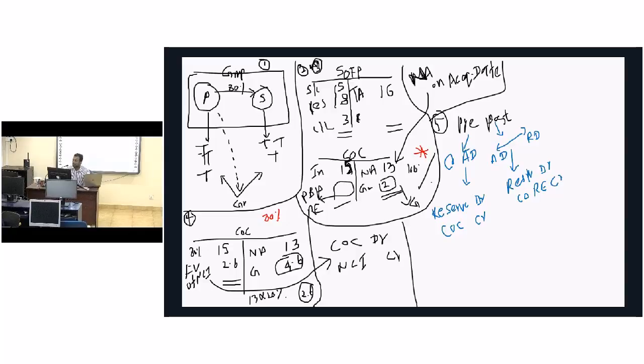But remember, there will be plus or minus adjustments, some unrealized profit and all other adjustments. You have to do that adjustment and take it. Right? That is the fifth concept.